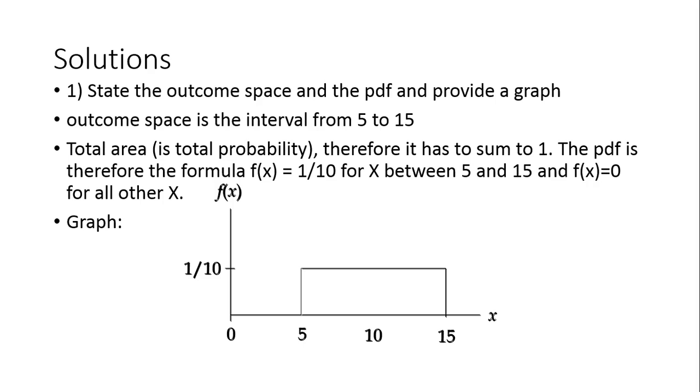Otherwise, f of x is 0: it is 0 here, 1/10 between 5 and 15, and back down to 0 for the rest of the possible x's. And the graph looks something like this.